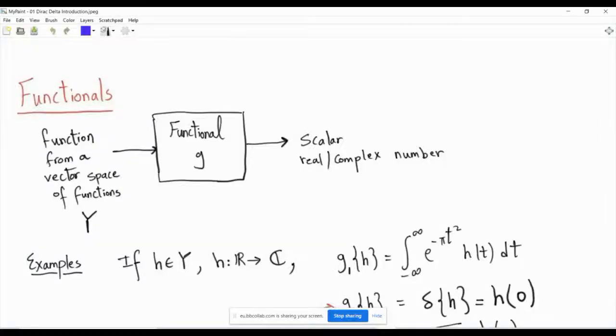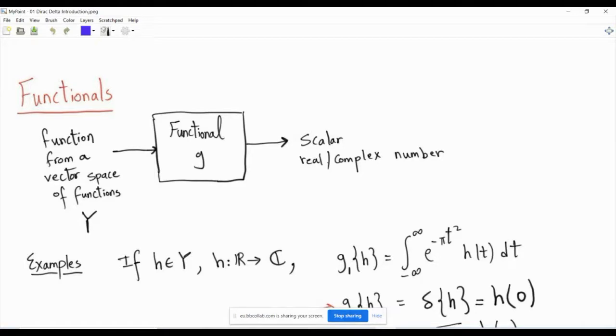Hello. So today the focus of this lecture will be the Dirac delta. Let's start by defining what a functional is. A functional is basically a block that takes as its input a function from some space of functions, and as an output it produces a scalar, a real scalar or a complex scalar.